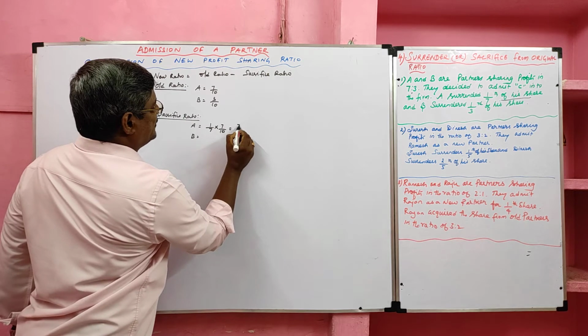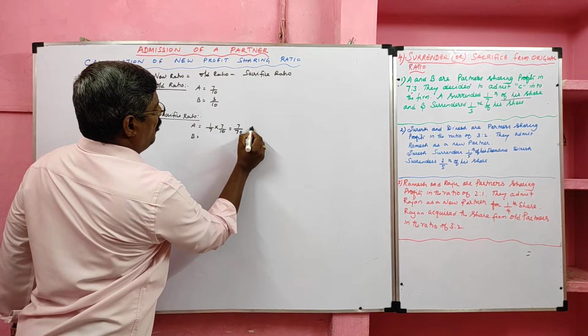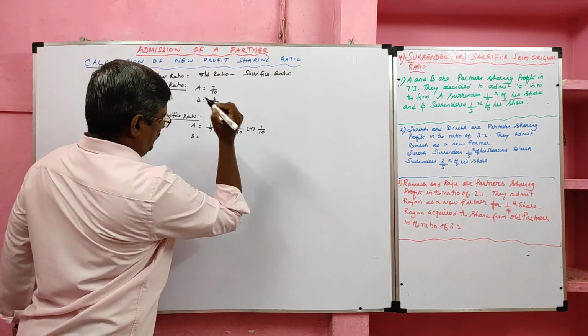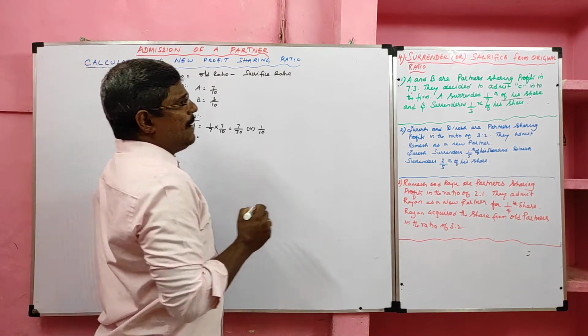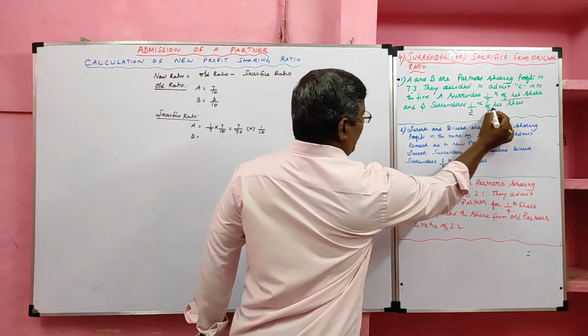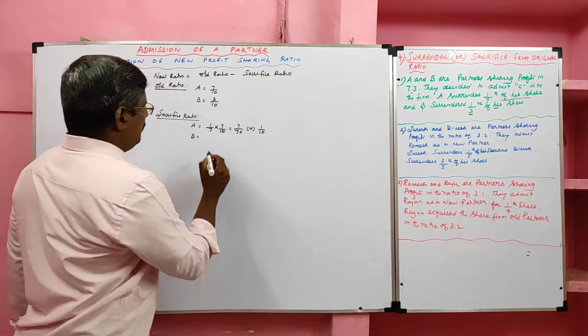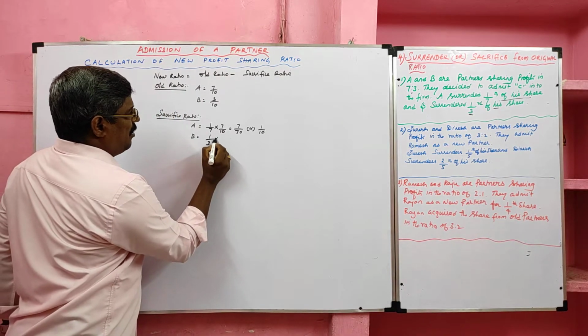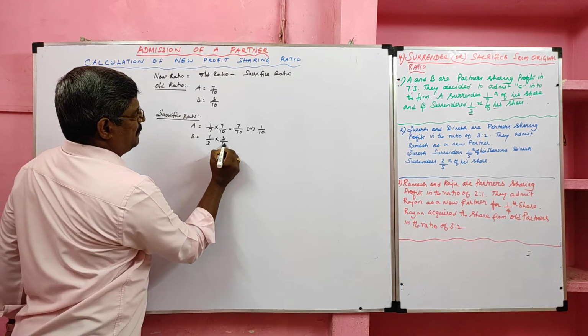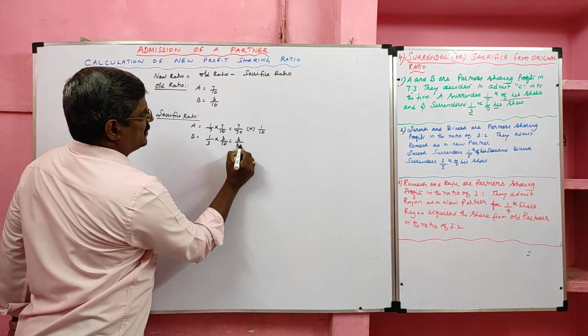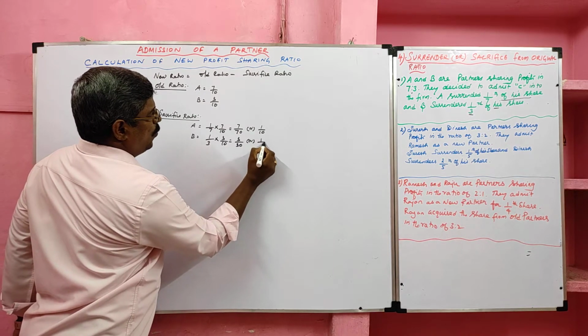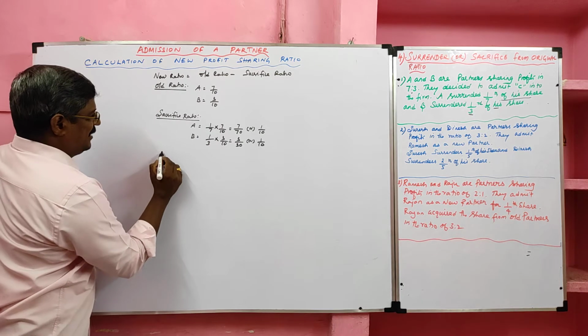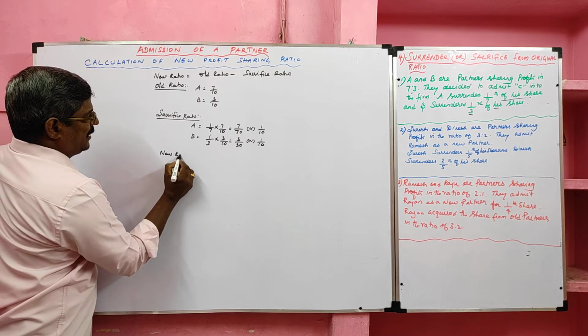So he sacrificed 7/70 or we can say 1/10. Likewise, B surrendered 1/3 of his old share, 3/30 or 1/10. Now we can calculate the new ratio.